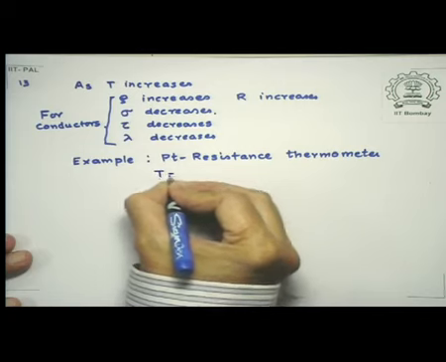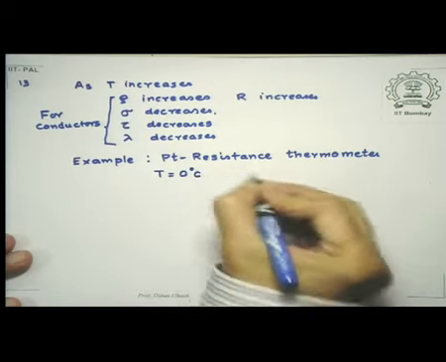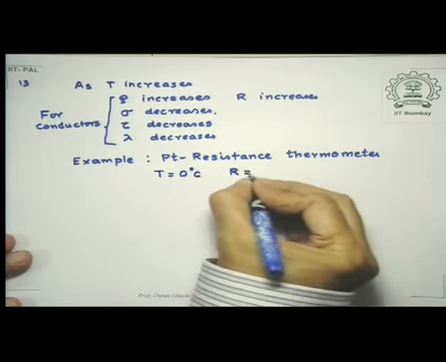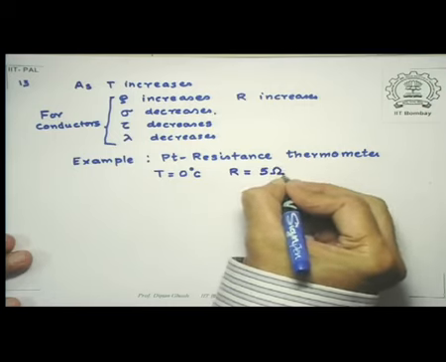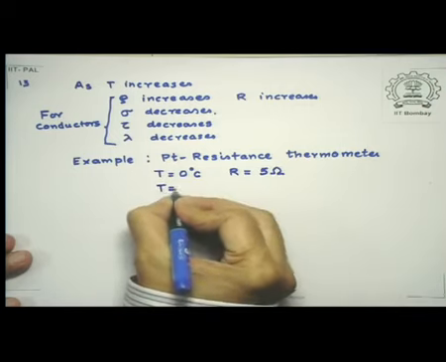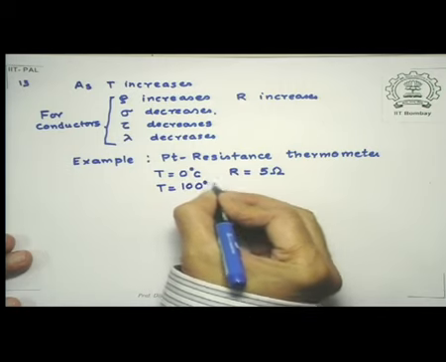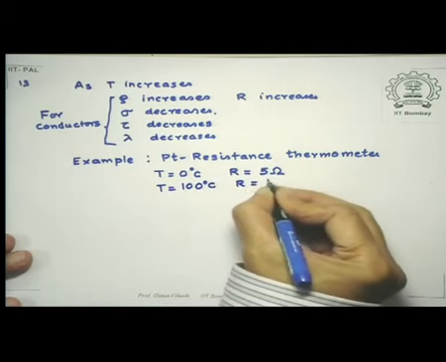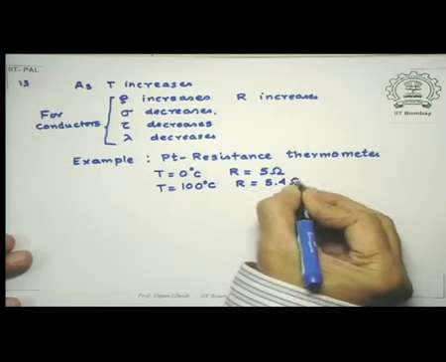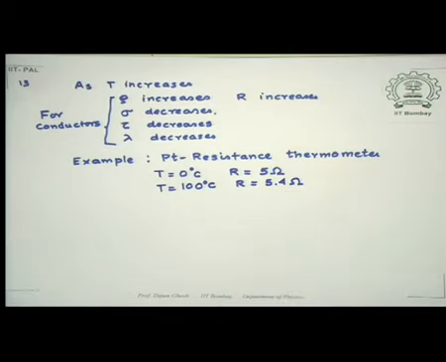At T equal to 0 degrees centigrade, the resistance R of the sample is 5 ohms, and at T equal to 100 degrees centigrade, resistance is 5.4 ohms. These are the calibrated values.